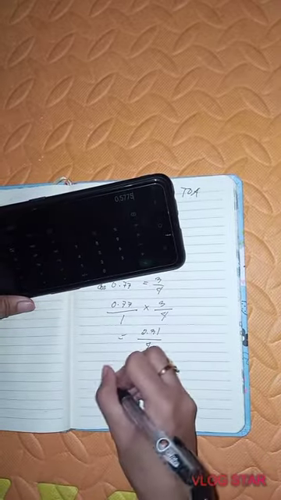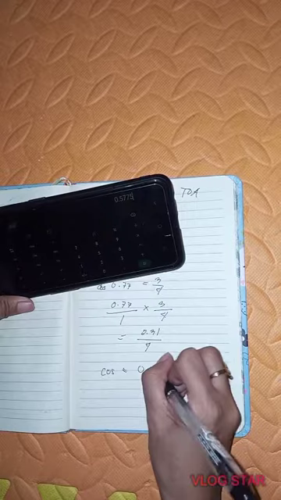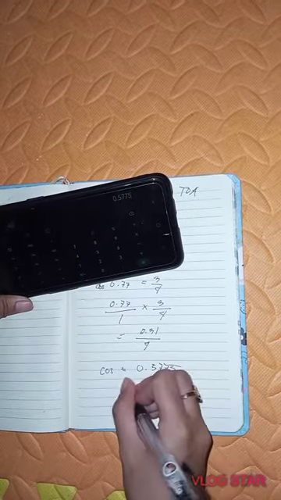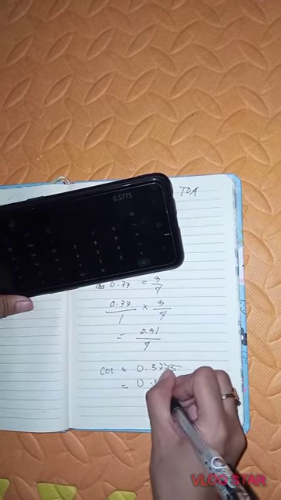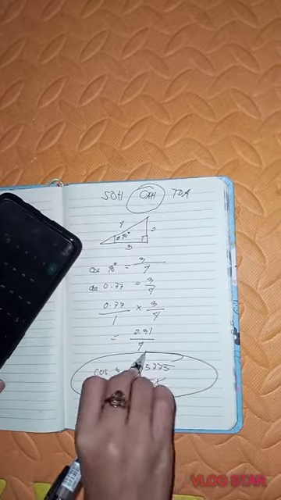So our cosine here is 0.5775, and we should write 0.58. So this is our answer.